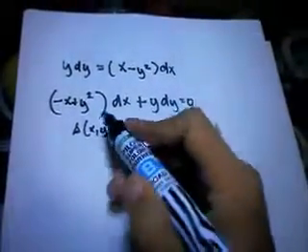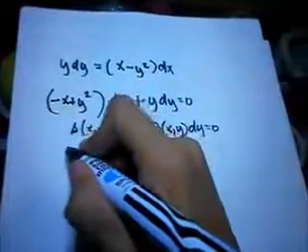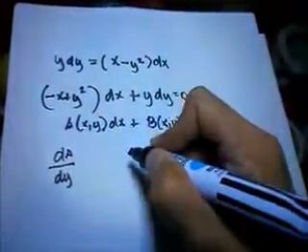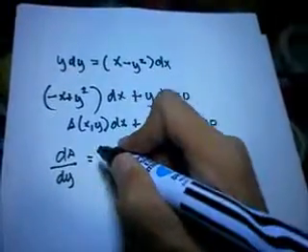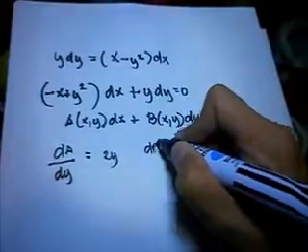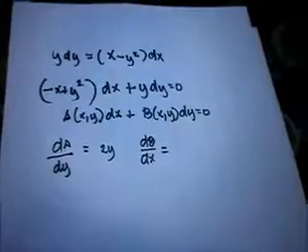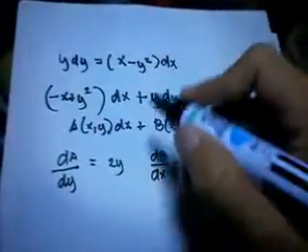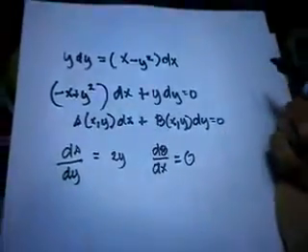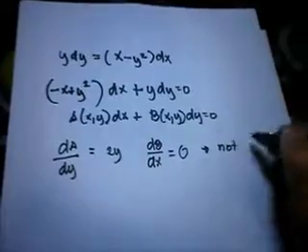So we can check whether our equation is exact or not by differentiating A in terms of y, which is 2y, and differentiating B in terms of x, which is 0. So we can conclude that it's not exact.